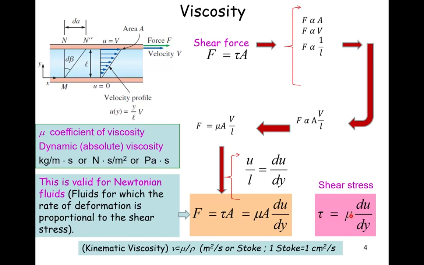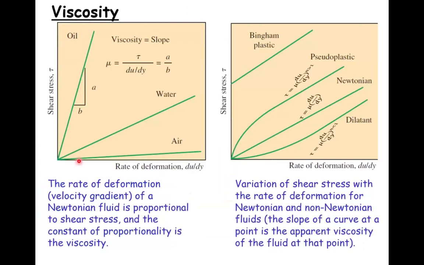If we plot one versus the other, we can see that shear stress changes linearly with the rate of deformation for oil, for water, and for air. So what conclusion can we make here? Those fluids whose shear stress changes linearly with the rate of deformation are called Newtonian fluids, which in this category we can say are oil, water, and air.